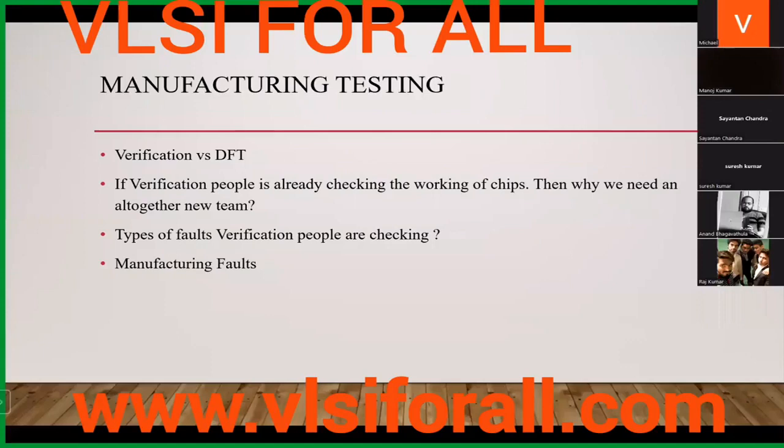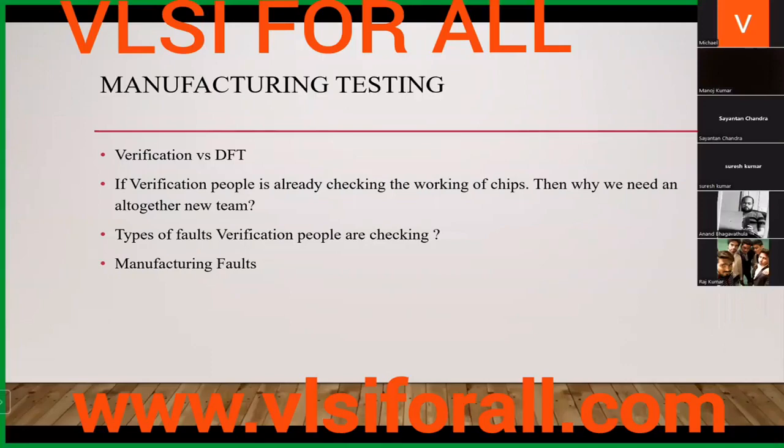Because initially everything, testing and verification, was done by verification guys. We are not replacing verification, but we are doing something very different. And the question is, if verification people are also doing the testing, what is the need of DFT?